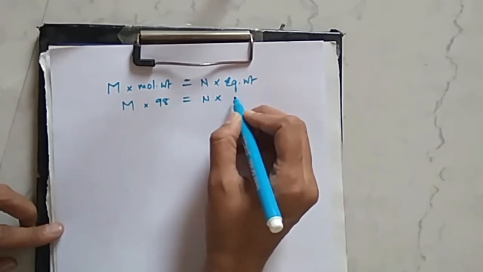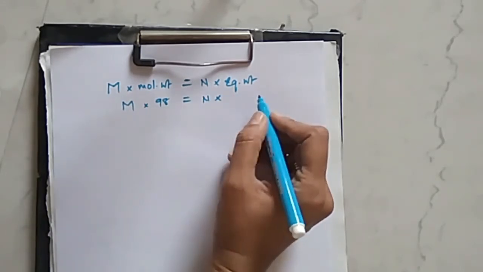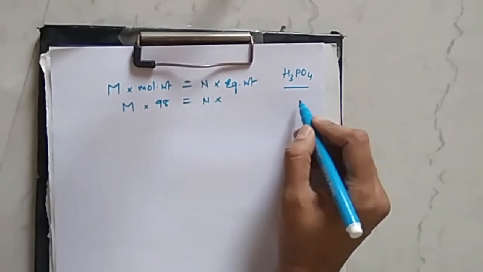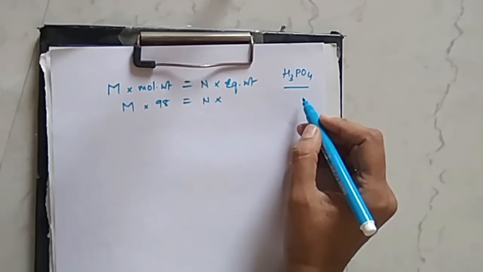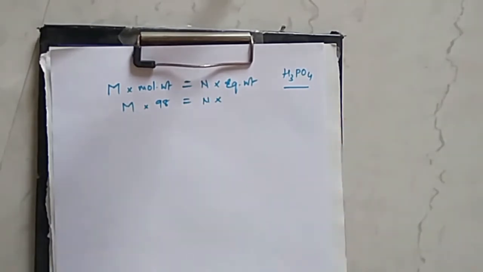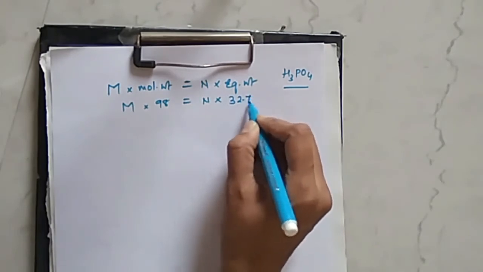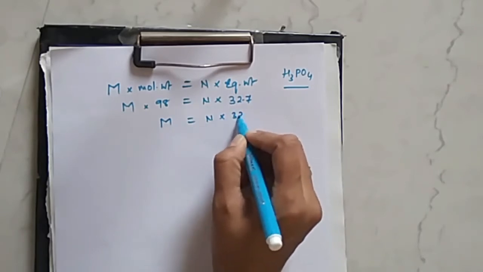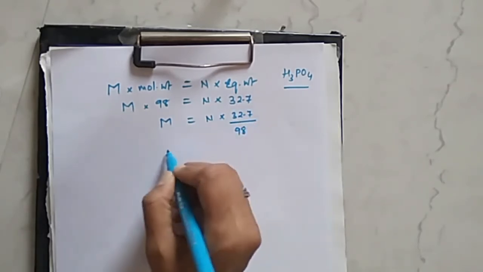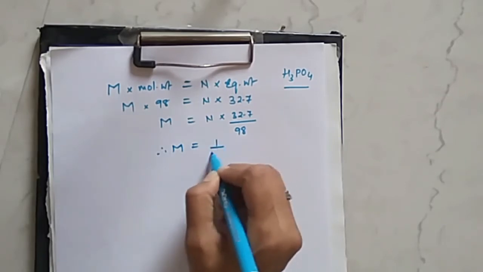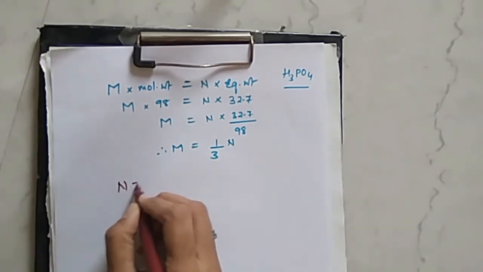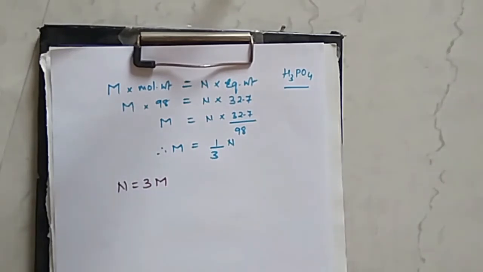The equivalent weight: there are 3 replaceable hydrogen atoms in H3PO4, a 3-step reaction, so the basicity is 3. Dividing by 3, we get an equivalent weight of 32.7. So molarity will be equal to normality into 32.7 divided by 98. Therefore, molarity will be 1 by 3 of normality. From this equation, we can conclude that the normality will be thrice the molarity.